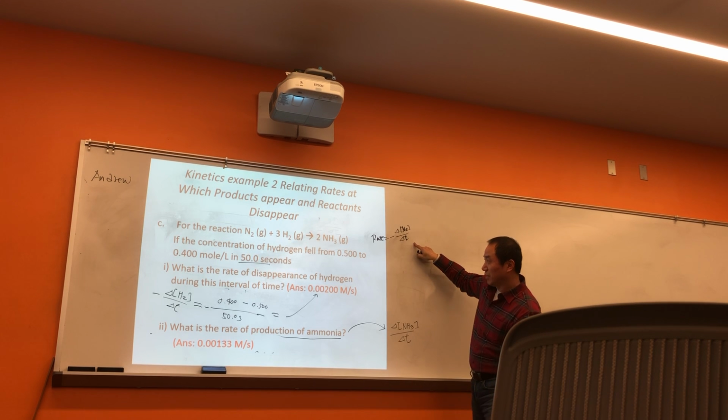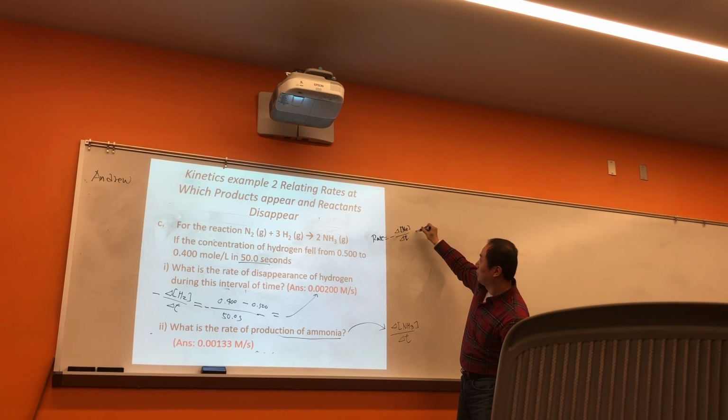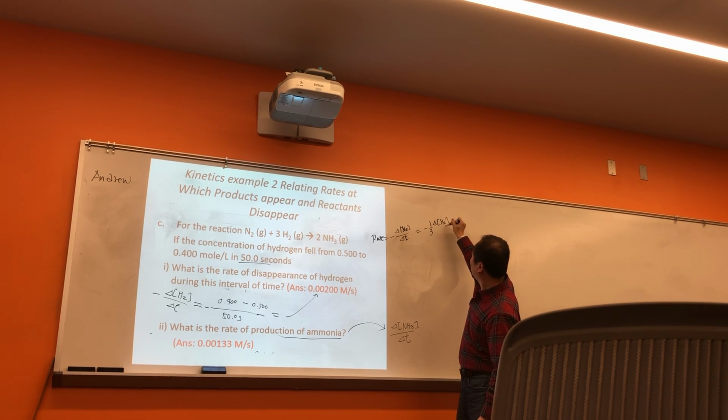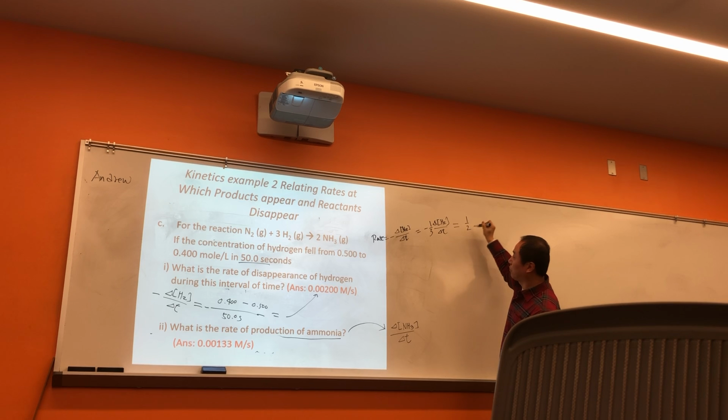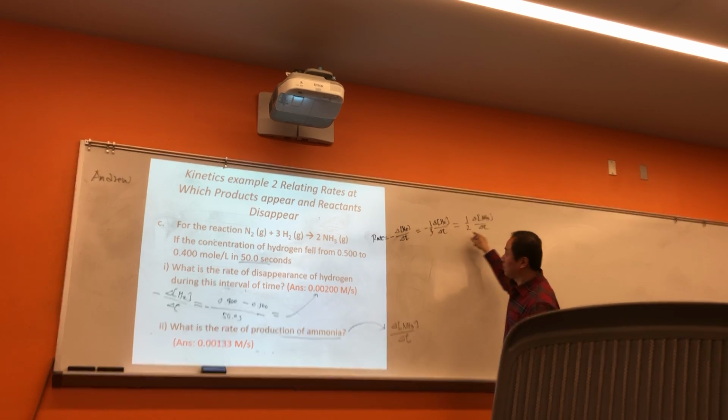So this is equal to negative 1 over 3 delta H2 and equal to 1 over 2 delta NH3 over delta T, right? Any of these will give us the reaction rate.